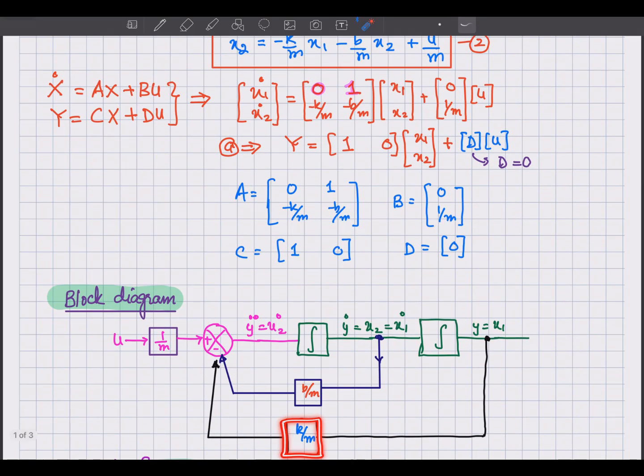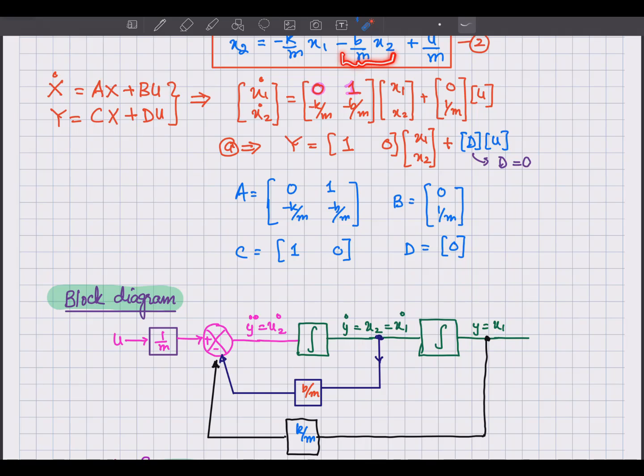This is the gain, and this is given over here, and this negative sign is over here. That's why we do not need to add it over here. So the equation over here will be like that: u by m minus k by m into y, or k by m into x1, right? So this portion is implemented.